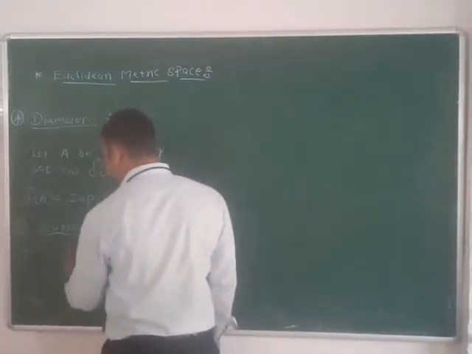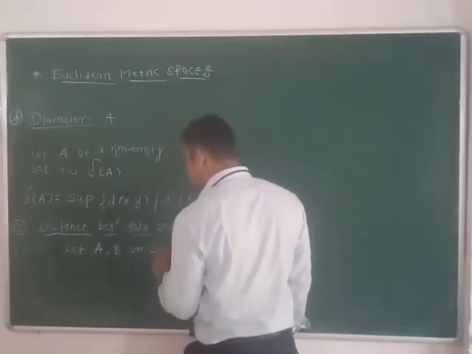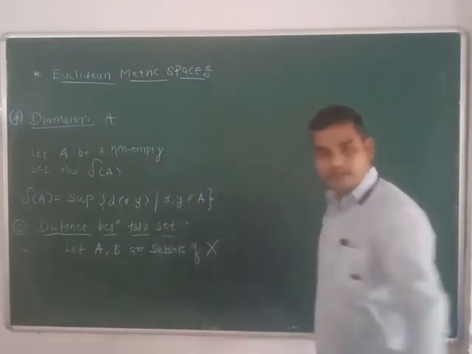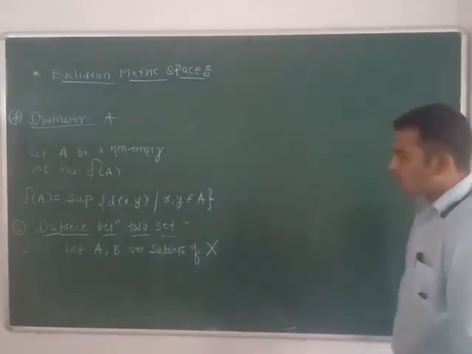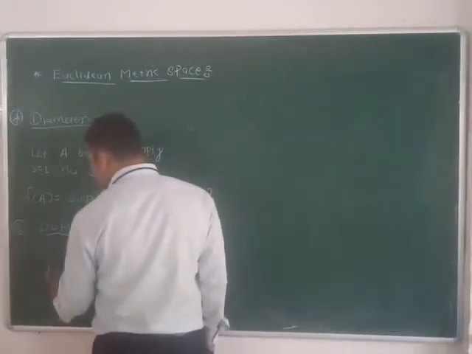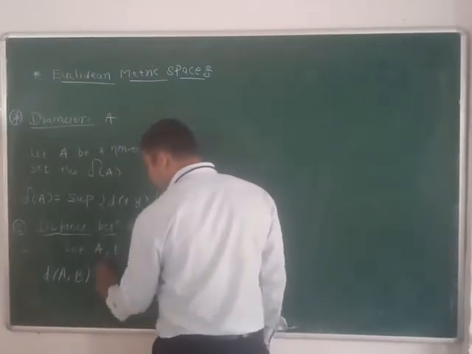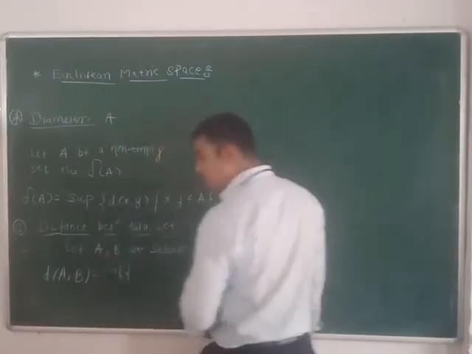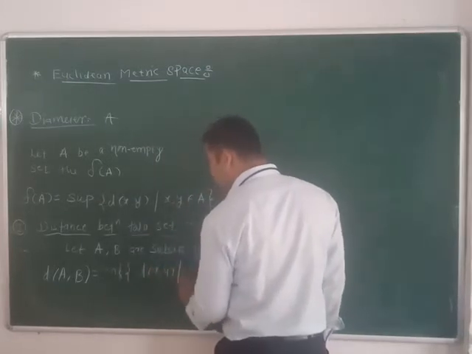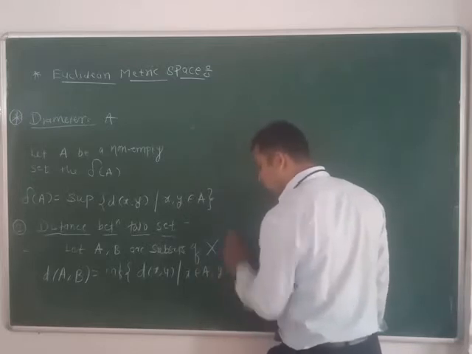Let capital A, B be subsets of X. Then the distance between the two sets A, B is the infimum, the minimum distance between 2 points x, y, where x belongs to one set and y belongs to the other set.